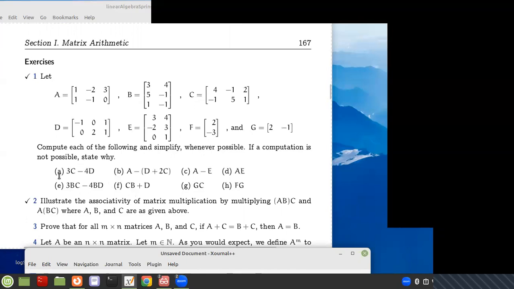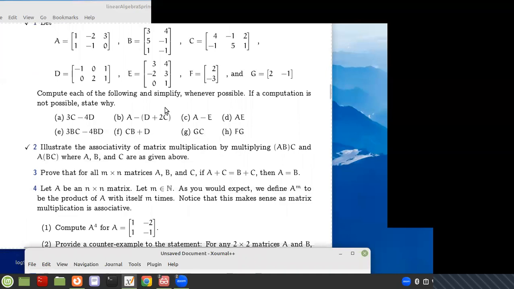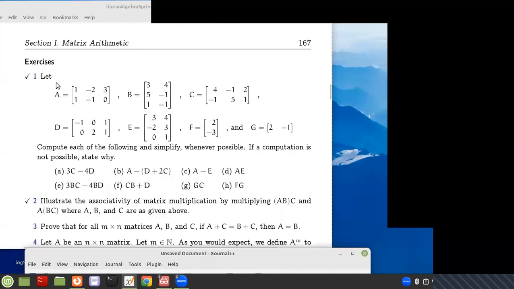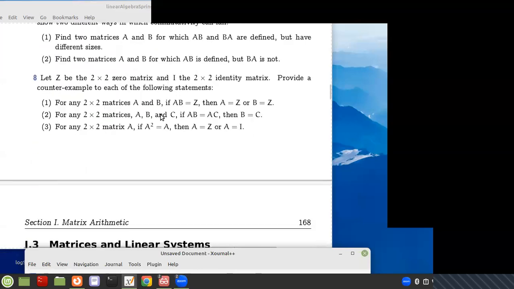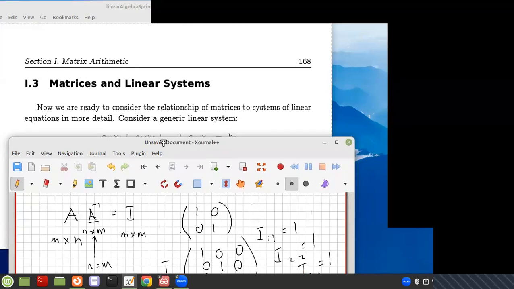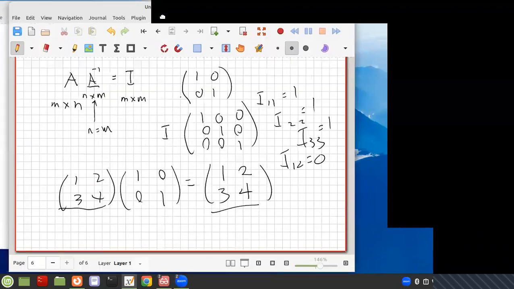So this is matrix algebra, or matrix arithmetic. That's basically what you need to do: practice and become familiar with it. That's matrix algebra. And then there are other topics.